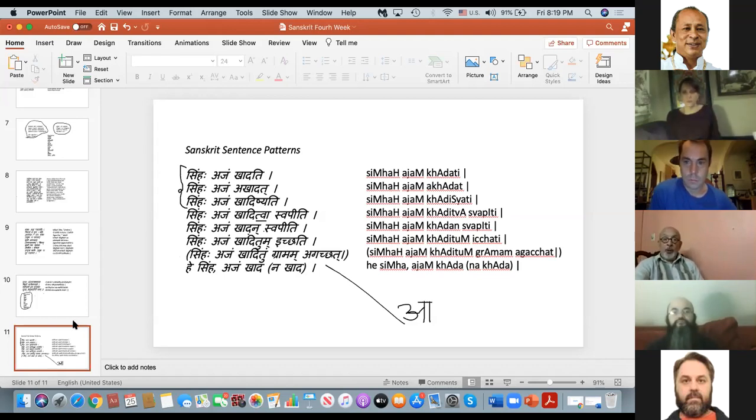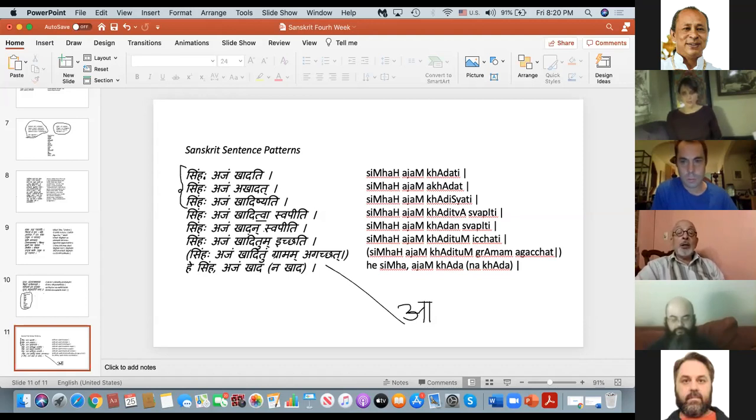So this may be useful when you try to improve your Sanskrit without my help. And next week, for 2 days, we will be spending most of the time making sandhi. I have given you plenty of Sanskrit sentences, and you will be making sandhi like Simha ajam. Simha ajam, can you guess what the sandhi will be?